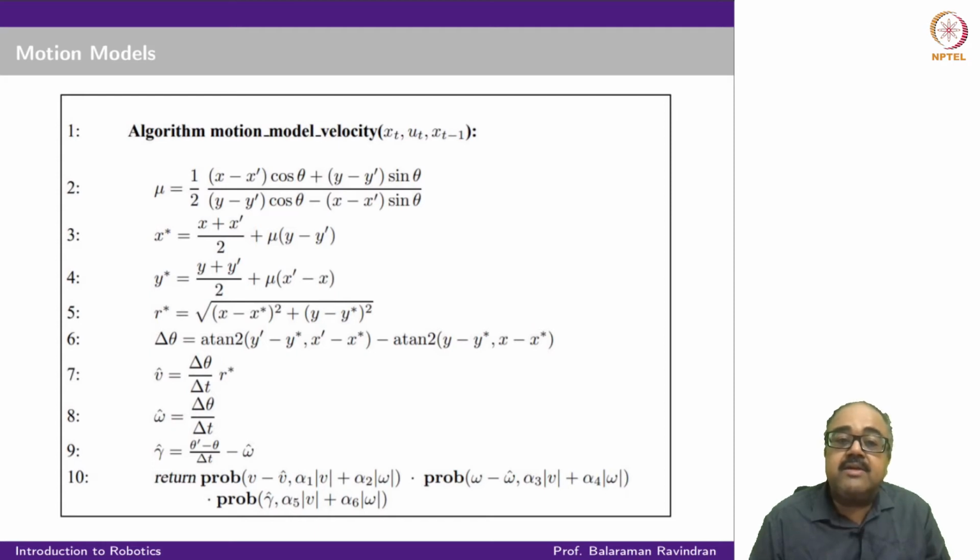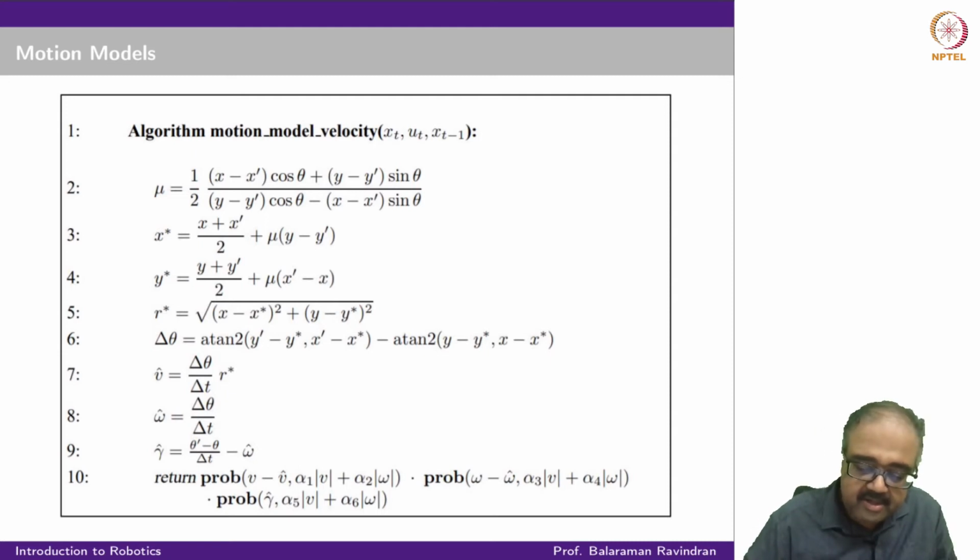So now the question that we have to really ask ourselves is, if I apply v and omega, what is the probability that the true velocity that I see will be v hat and omega hat plus gamma hat? Is it clear?